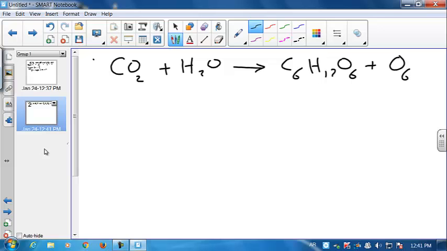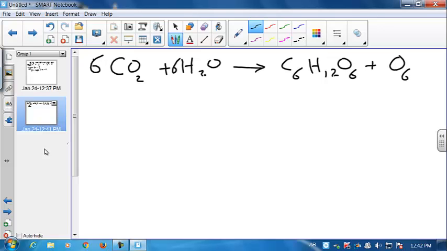So number 1, before I say anything, I have to balance the equation. Here you have 6 carbon in the sugar, so multiply this by 6, and you have 12 hydrogen here, so also multiply this by 6 to have 12 hydrogen. Then count the oxygen in the reactant: 6 multiplied by 2 equals 12, plus 6 oxygen in the water, this is 18.